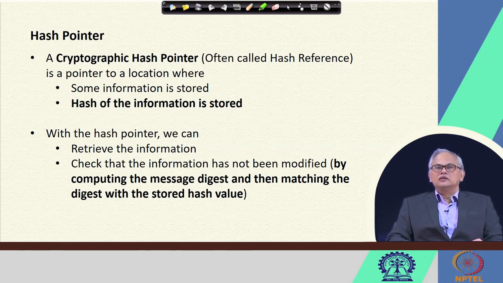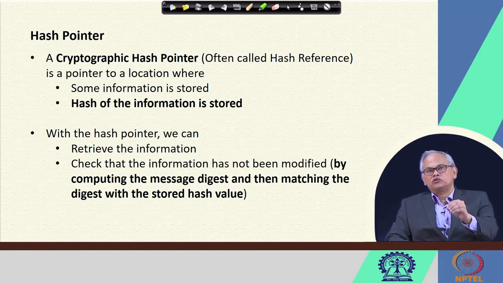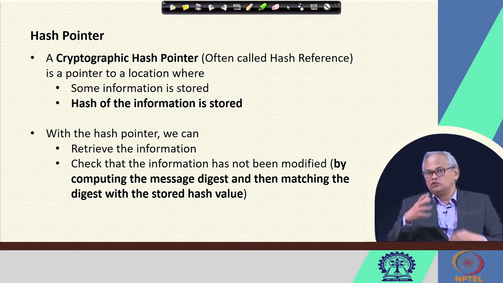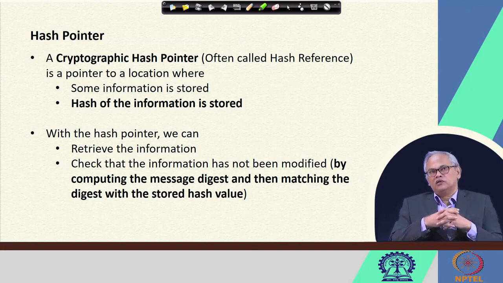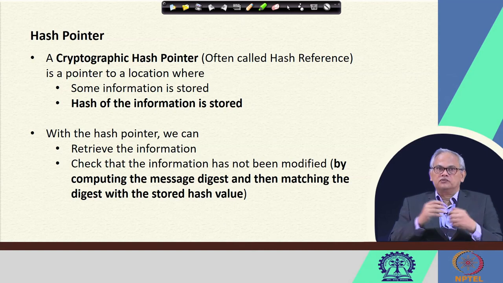And then the other important property is that the hash of the information is also stored. So, it is not only that this pointer points to a particular location, but also along with pointing to the location, it keeps a hash of the information that is stored in that location. So, what are the uses of a hash pointer?